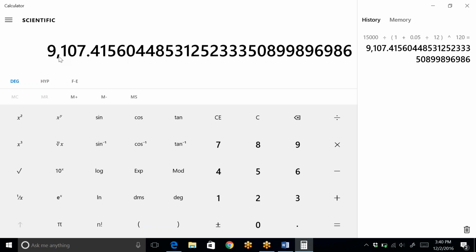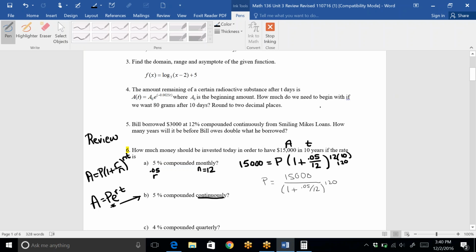It looks like we need $9,107.42 if we want to have 15,000 in 10 years. So the P is approximately 9,107.42. So that would be part A.